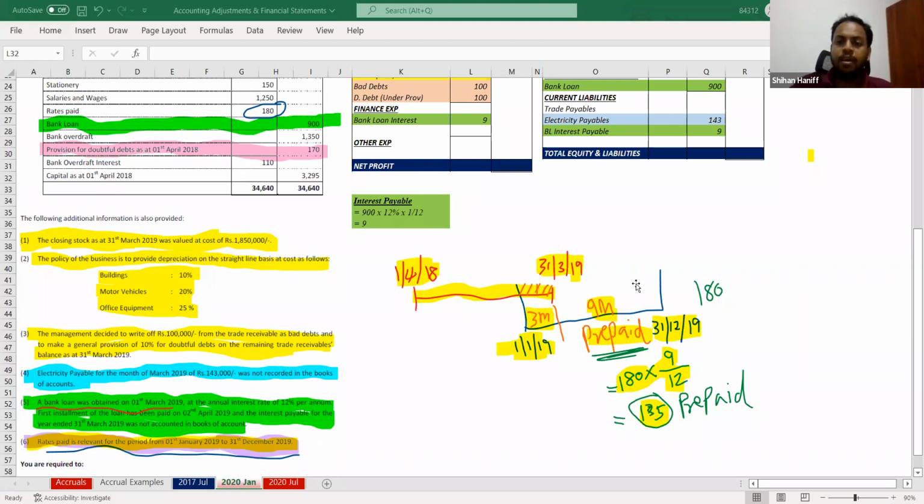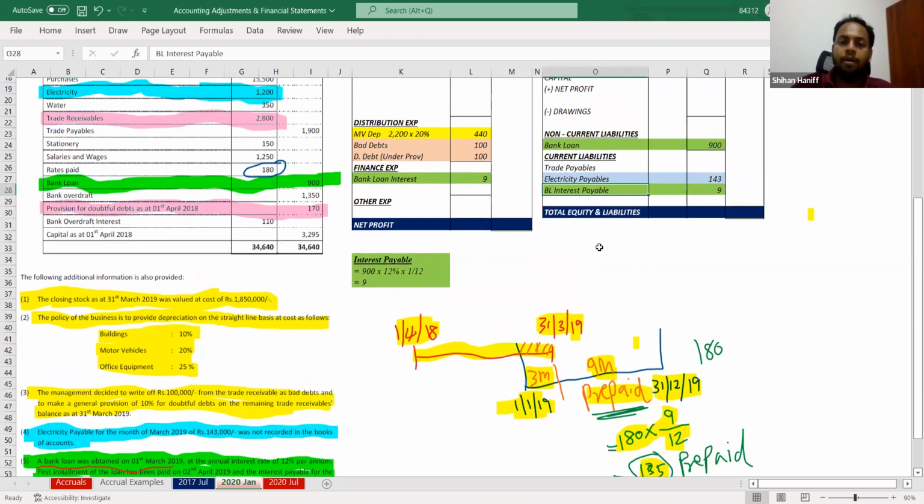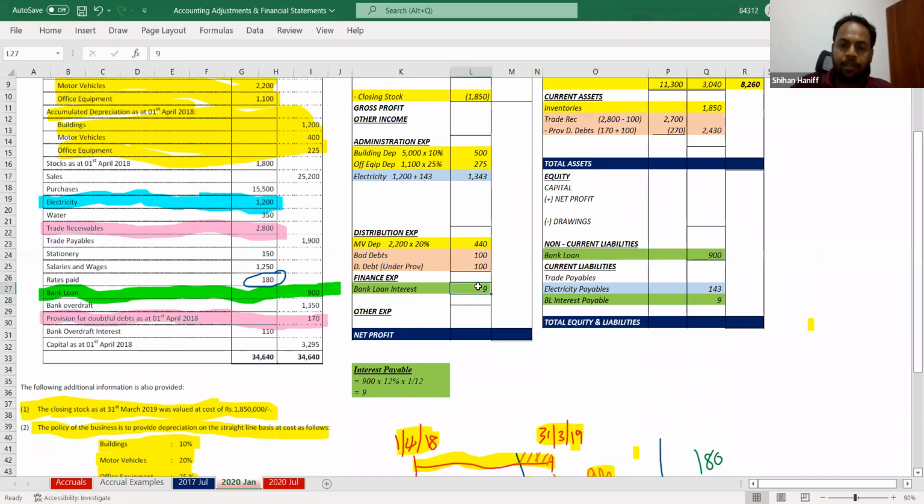Now, similar to what you did for the payable: payable was added to the expense and taken under current liability.